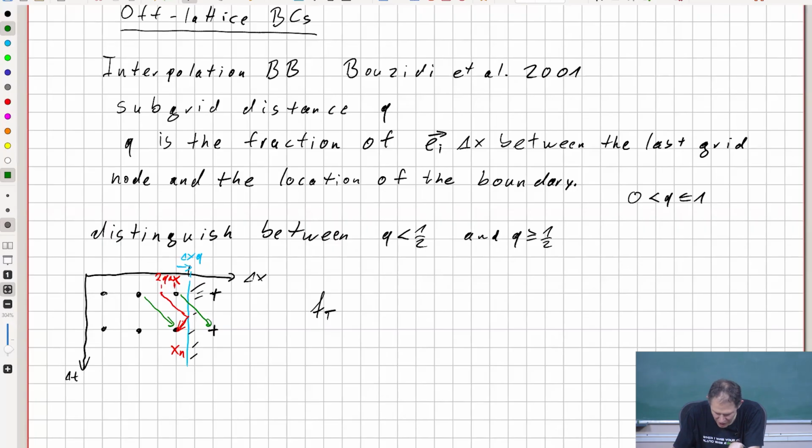So now what we can do, we can interpolate between these two green populations in order to get the red population, and that red population would be the one that is going into this next time step down there. So this is done like this. We have the opposite facing population at the next time step, so plus delta t.